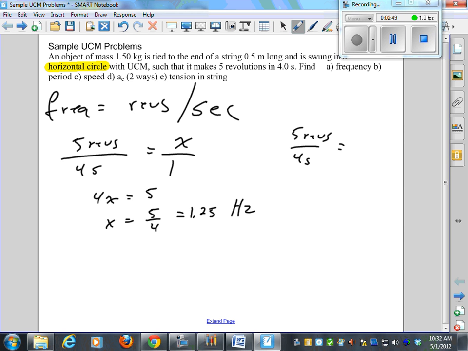So we want to know the time, and this time we put the X on the bottom, and it's 1 revolution. Cross multiply, you're going to have 5x equals 4, and x is equal to 4 over 5. So it's 0.8 seconds.